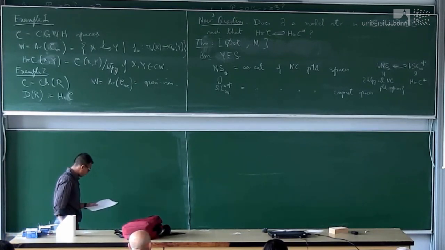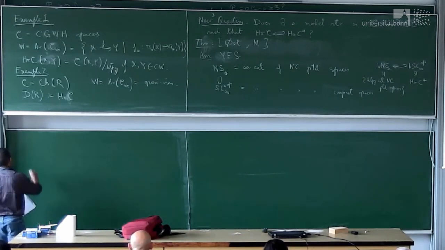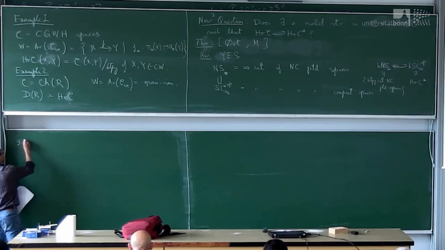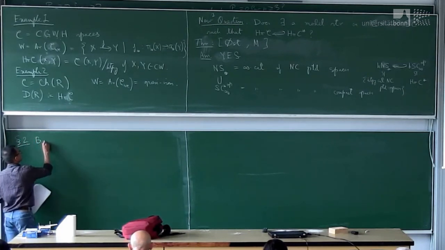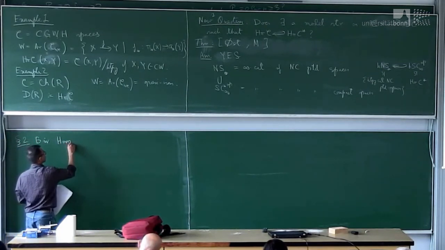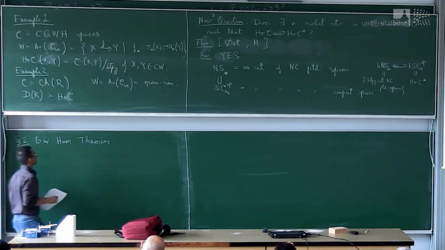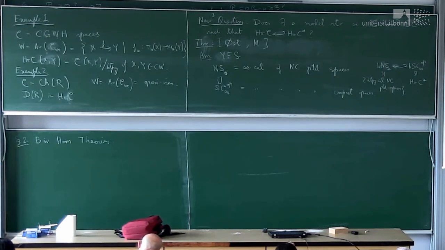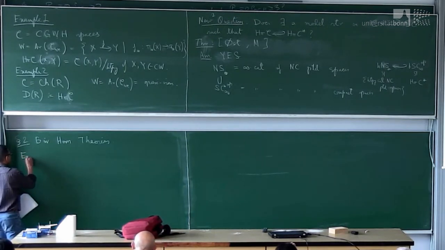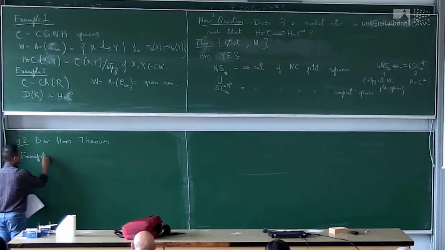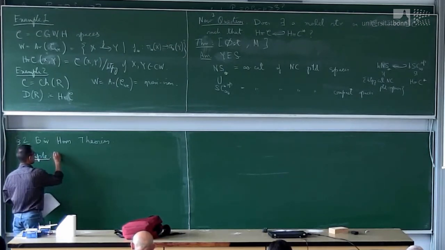Using these things, now we can talk about bivariant homology theories. Actually, the title is a lie because I won't really talk about bivariant homology theories. I will talk about a special class of them, but it helps if you look at some examples first.